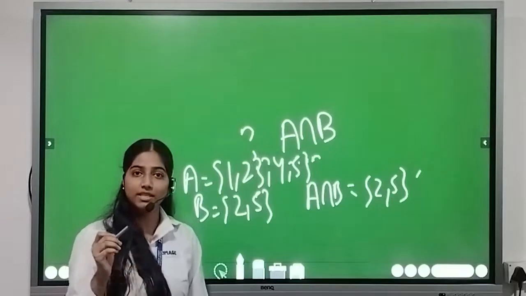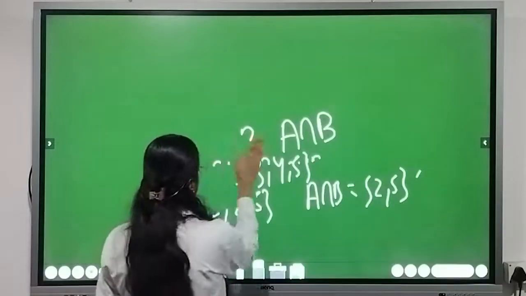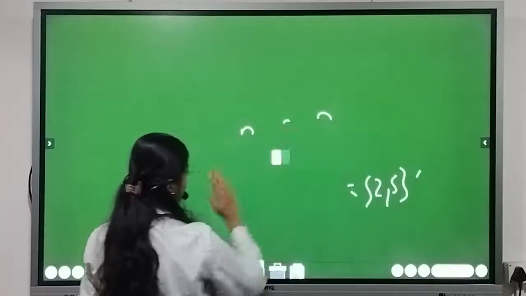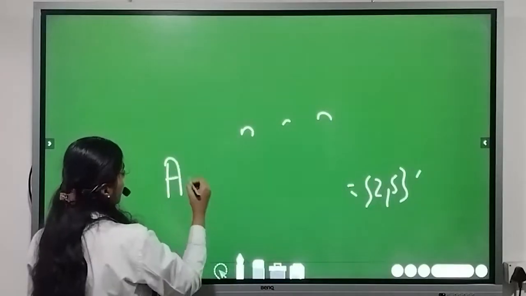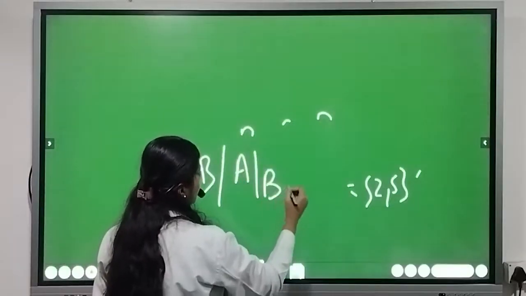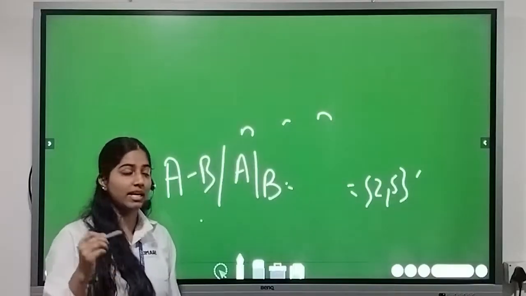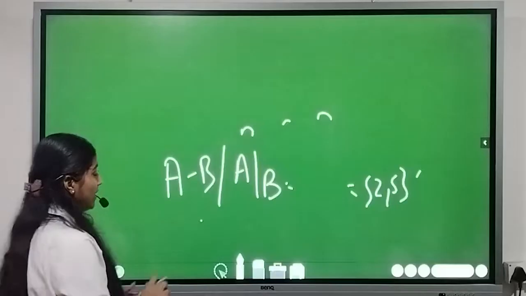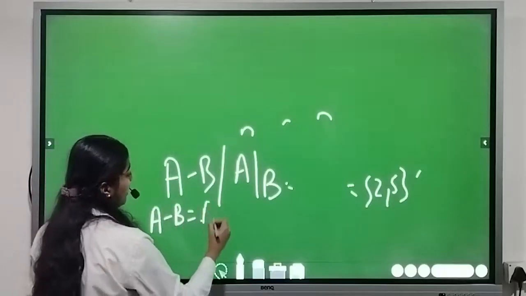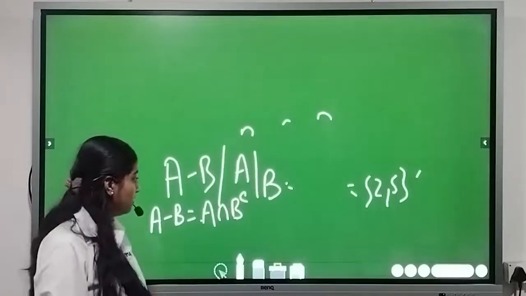All those elements which are present in A and do not lie in B are called the difference, and it is represented by A minus B. The mathematical definition of difference is X such that X belongs to A and X does not belong to B. And the formula for finding A minus B is A intersection B complement. We'll know what is complement further.